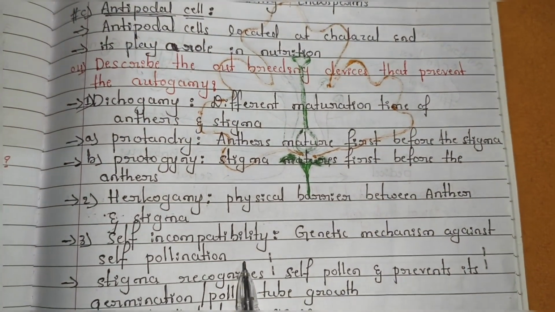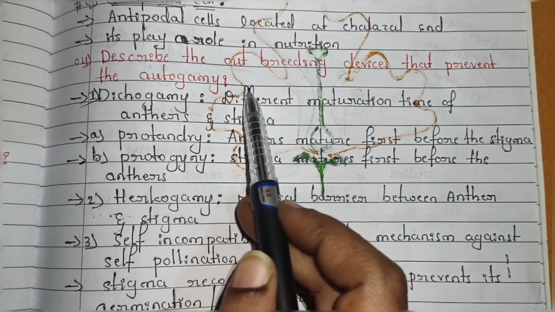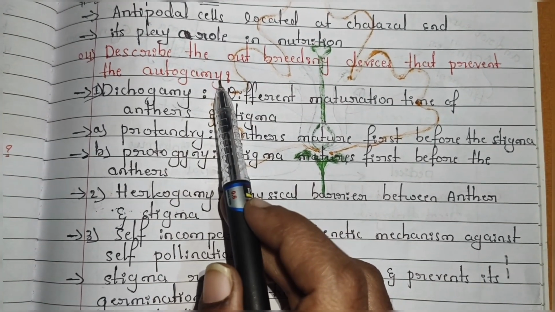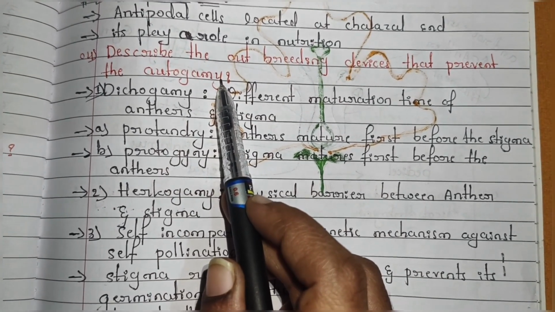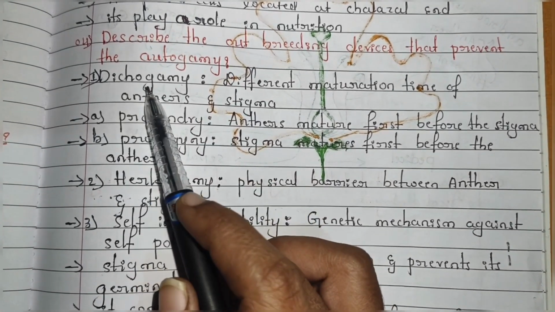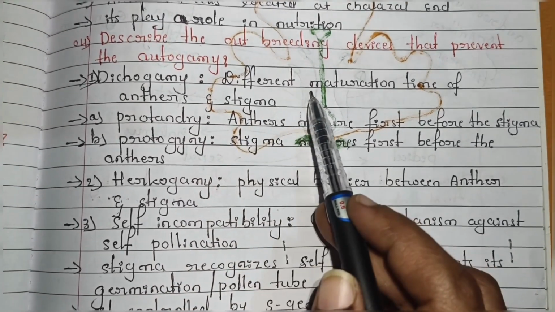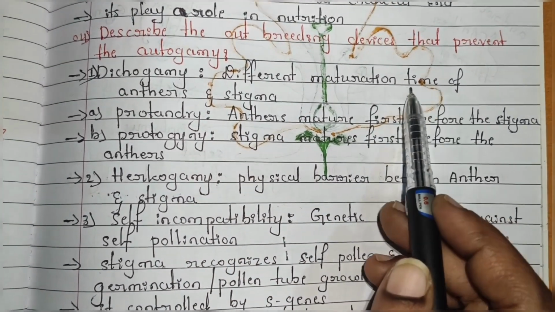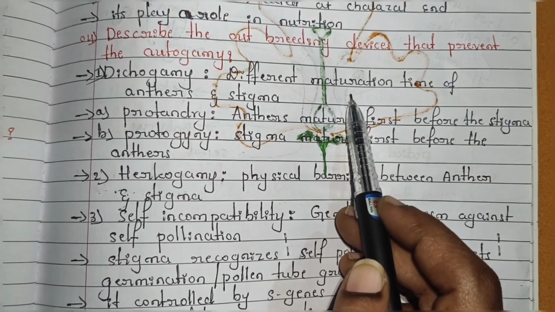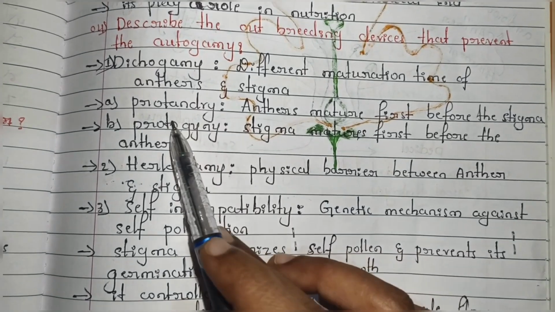The next question is: describe the outbreeding devices that prevent autogamy. In this, how self-pollination is avoided and how cross-pollination takes place. Many methods are there. First one is dichogamy, that is different maturation times: the anther matures at one time and the gynoecium matures at another time.